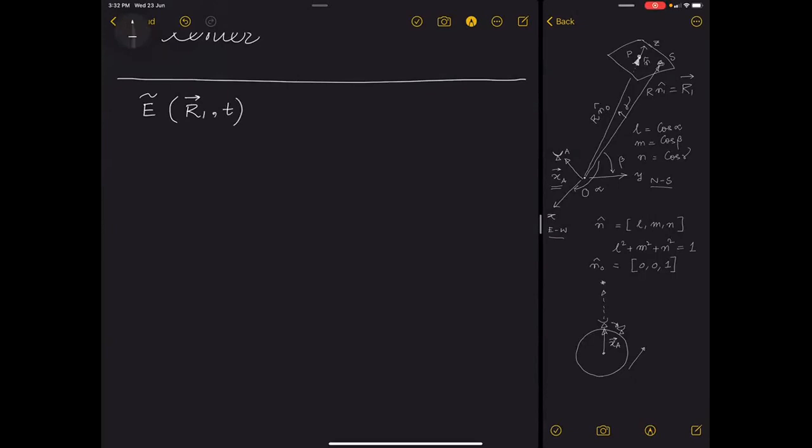I want to propagate this electric field. I want to see that this is the electric field at the source. How is the electric field outside the ionosphere?